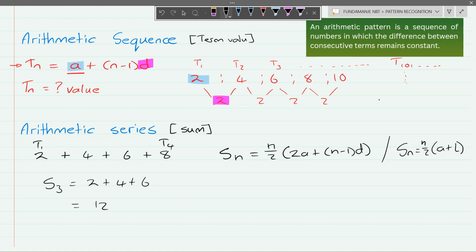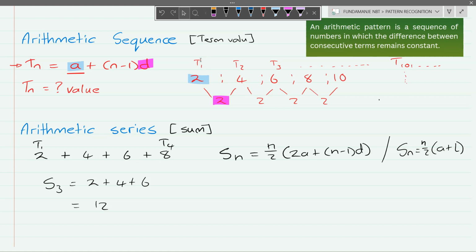Then l would be the value of the last term, which is 8. But the more common example would be the first one, which we use when we don't know the value of the last term in our pattern. So using these two formulas, we're able to evaluate the sum of a different amount of numbers.